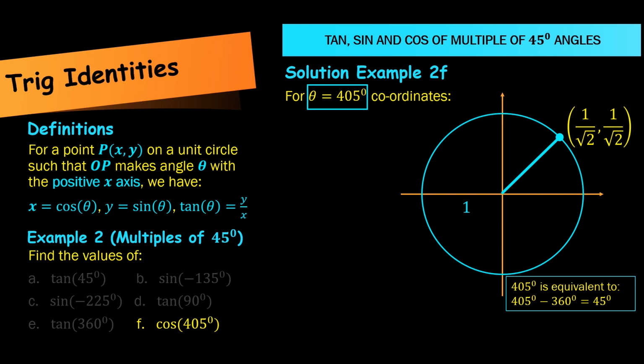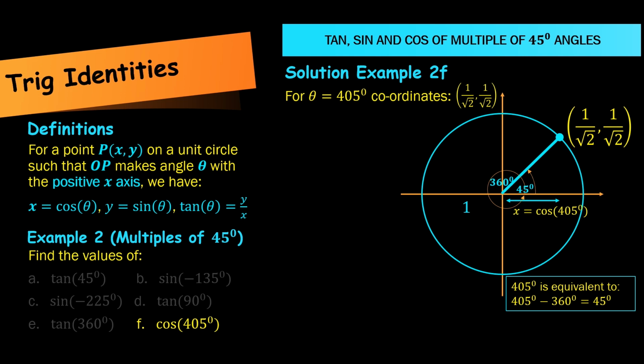Our coordinates at this point are 1 over root 2, comma 1 over root 2, as shown, because this is a complete turn of the circle plus 45 degrees.